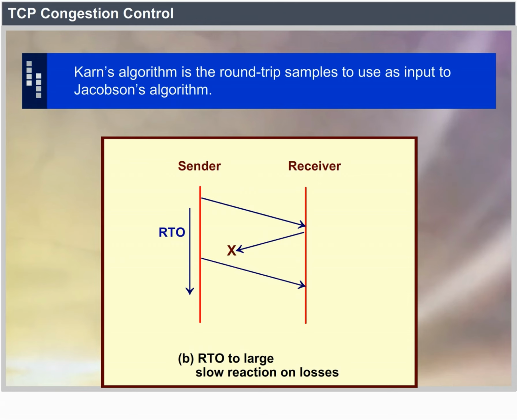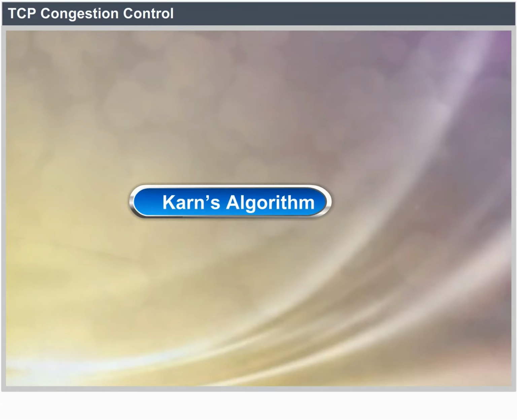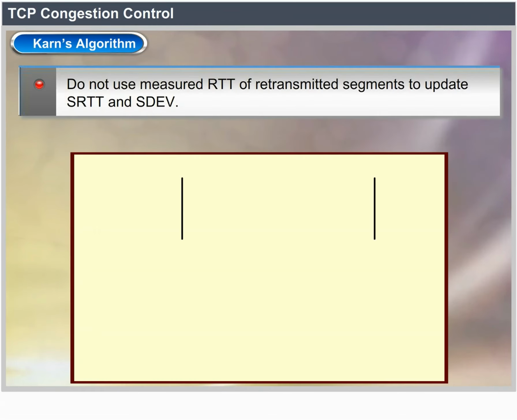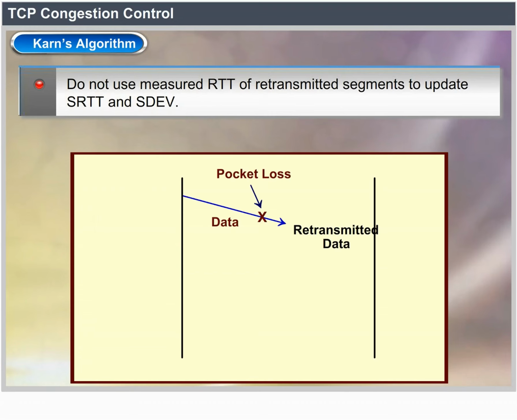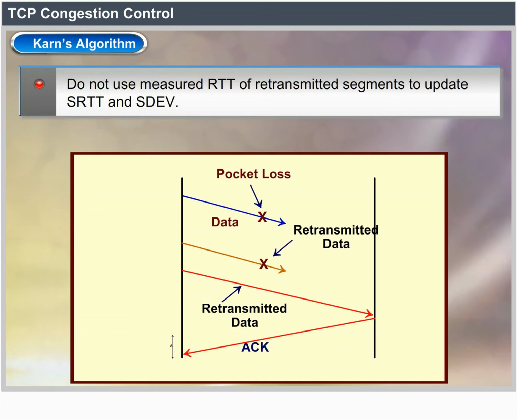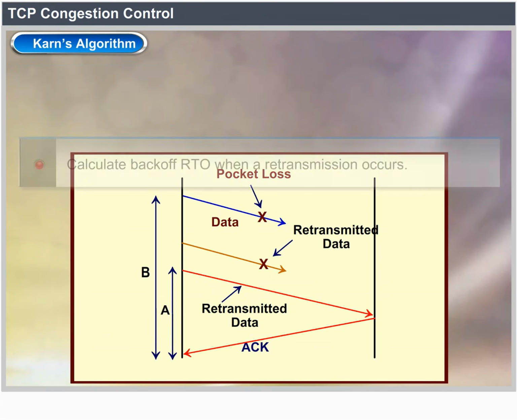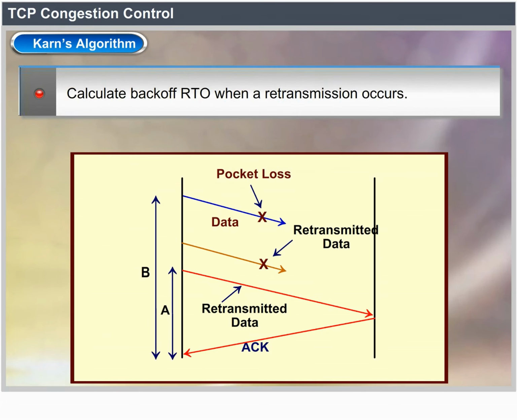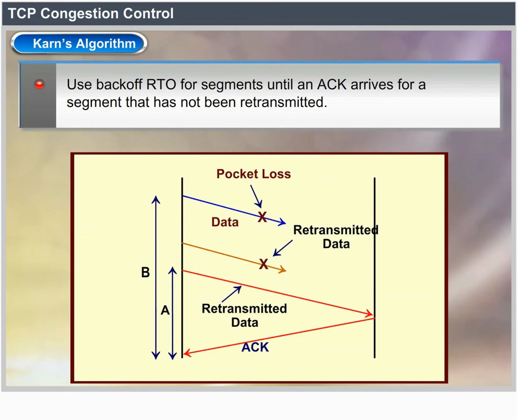Kahn's algorithm: do not use the measured RTT of retransmitted segments to update SRTT and SDEV. Calculate the backoff RTO when a retransmission occurs. Use the backoff RTO for segments until an ACK arrives for a segment that has not been retransmitted.